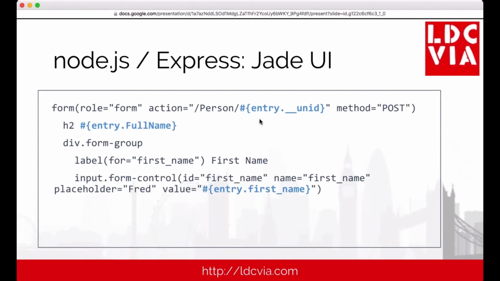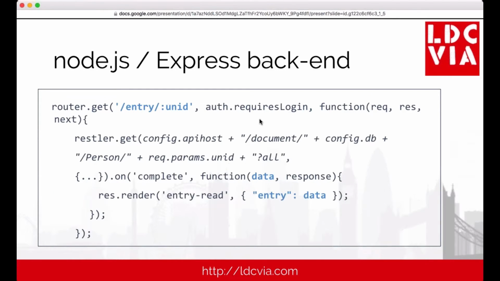Now, how does this entry attribute make it to our view, and how do we make use of it? This is where it comes to actually making use of the LDC Via API. And here what I'm showing you is an extract from the demo application, and specifically there's a JavaScript file in there where we lay out all of our routes, our application routes, so how we deal with different web addresses and so on and so forth.